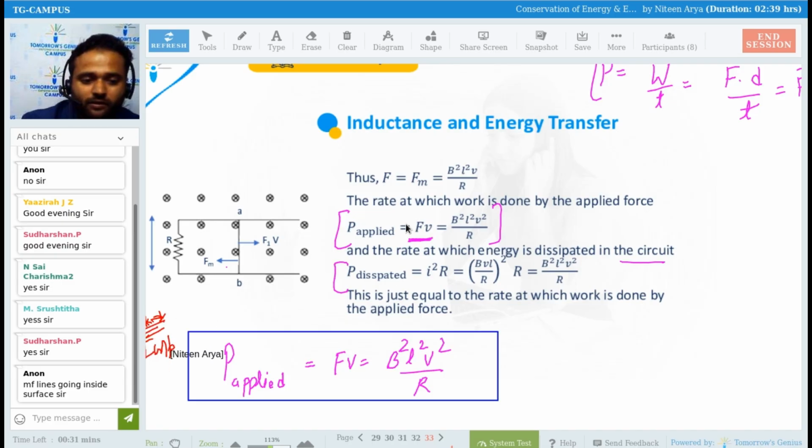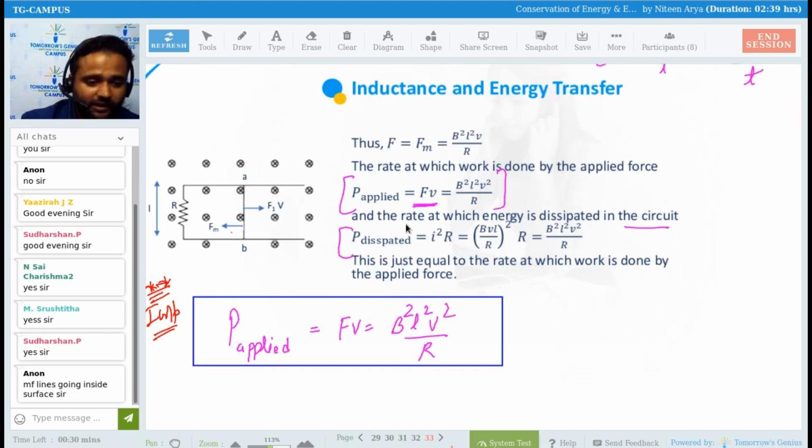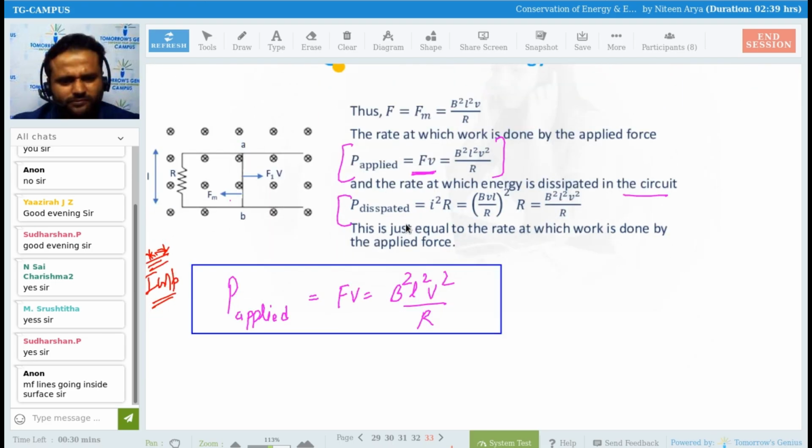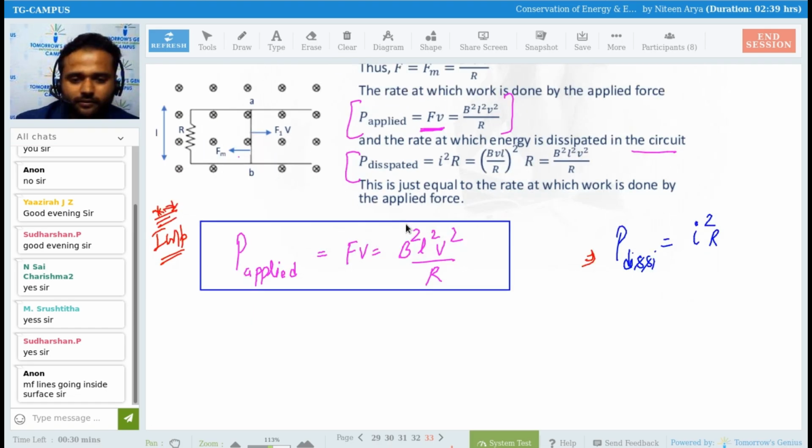Whatever power we applied is going to be dissipated, balanced in the opposite direction, in the resistance of the circuit of resistance R, as I square R. We know the value of I. Put it down, and we get the same thing.